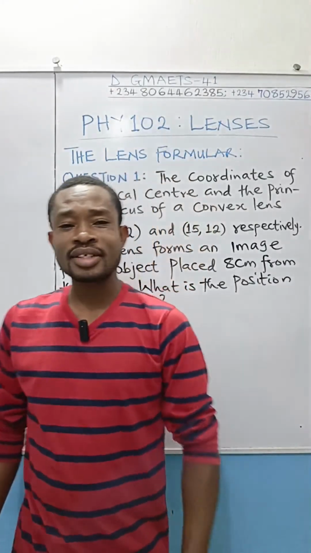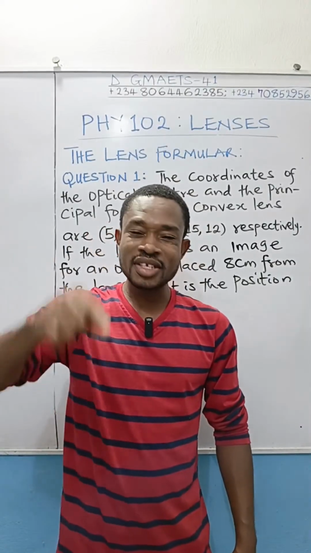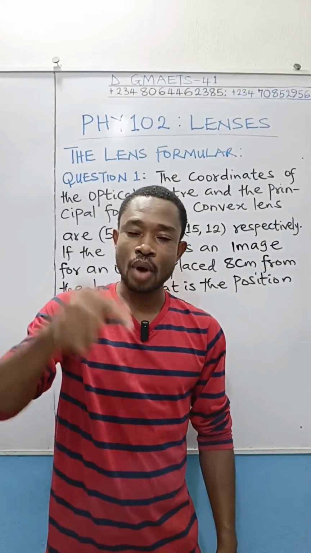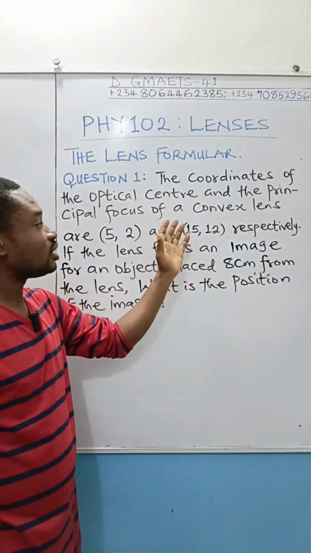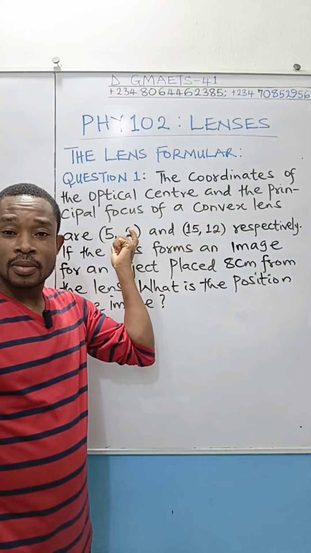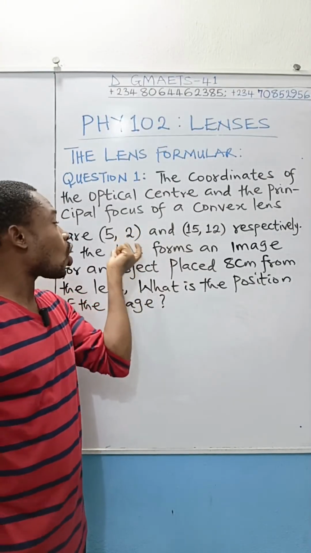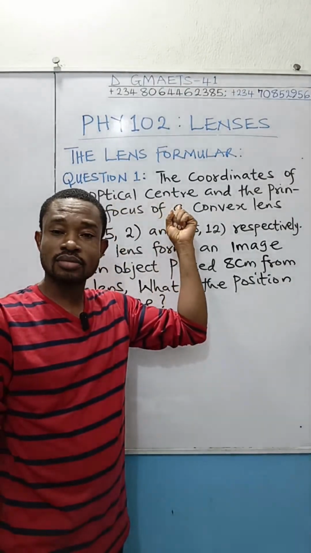So, like I said, principal focus is a point. No wonder in this question, look at what your examiner did. The examiner gave coordinates. Coordinates of the optical center.